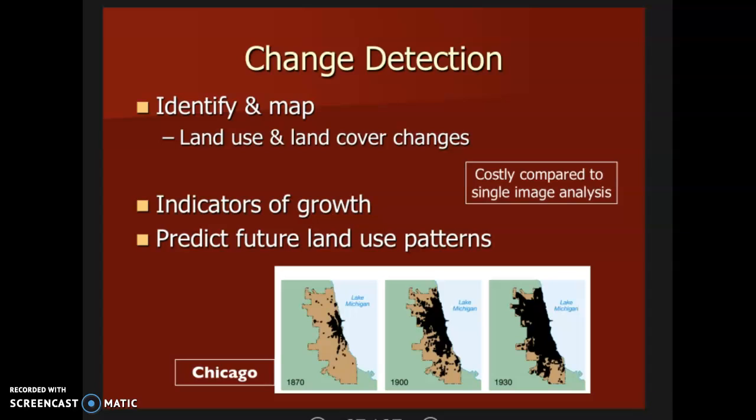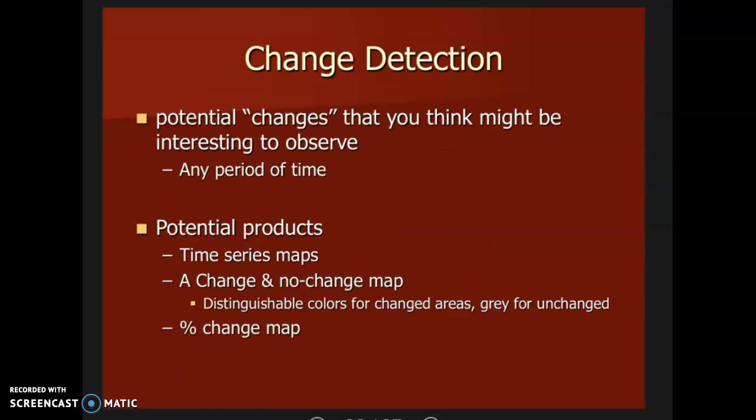Okay. Sometimes seasons don't matter, especially for urban studies of development, right? But you have to think about these things and make informed and intelligent decisions. So with change detection, you're looking at potential changes that you might think are interesting to observe over any specified period of time.